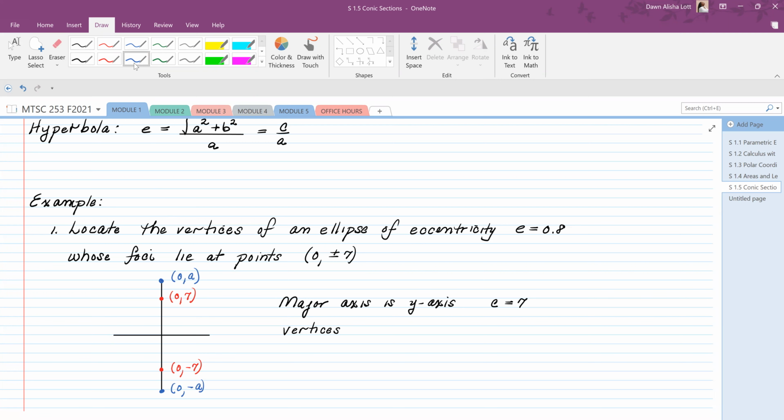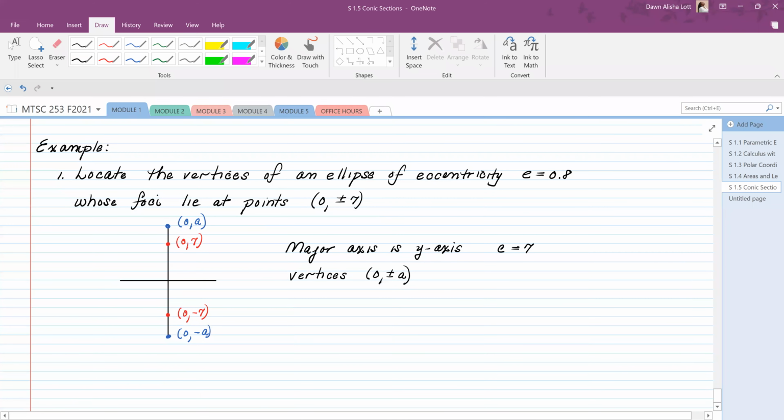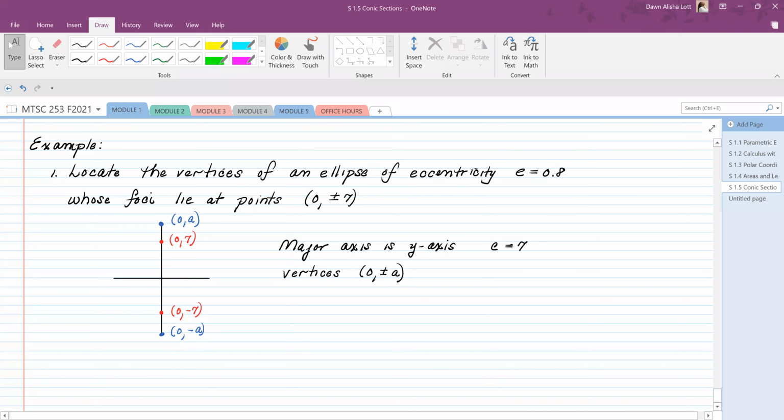So the vertices are at (0, plus or minus a). Okay, so the eccentricity is c over a. And we know that that is 0.8.